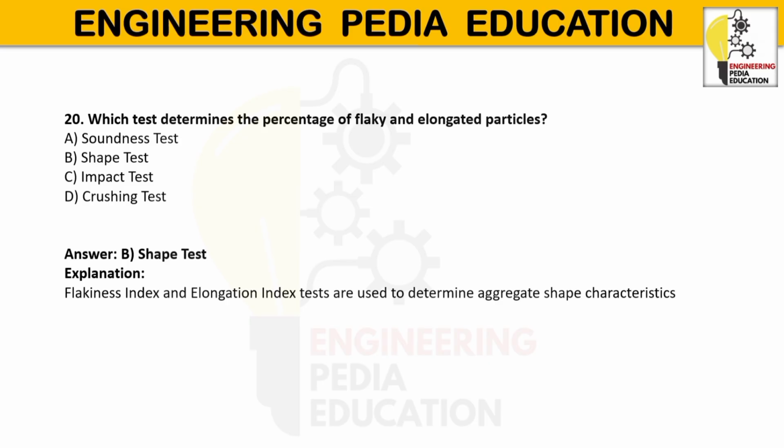The shape test is used for coarse aggregate, mainly to find flaky and angular particles. Flakiness index measures the weight of flaky particles upon total weight into 100, that is, thickness is less than 0.6 times the mean size. Thin and flat particles give the flakiness index.